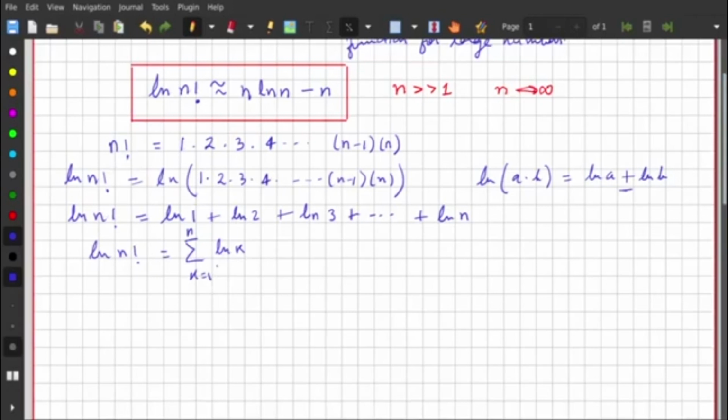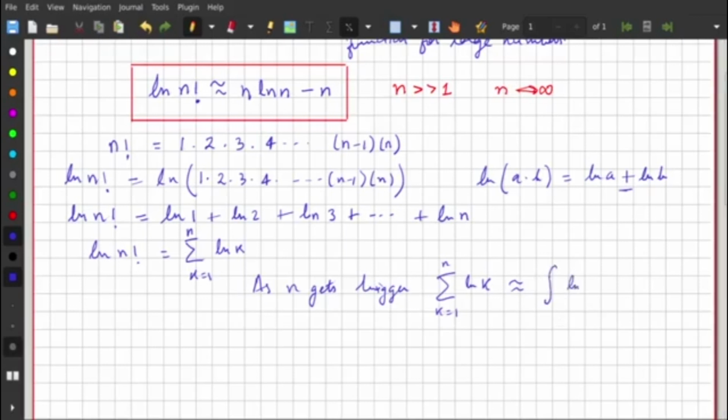Okay, here comes the approximation that we want to do. So as n gets bigger, the sum over k equal to 1 to n of log k can be approximated by the integral of log x dx from 1 to n.